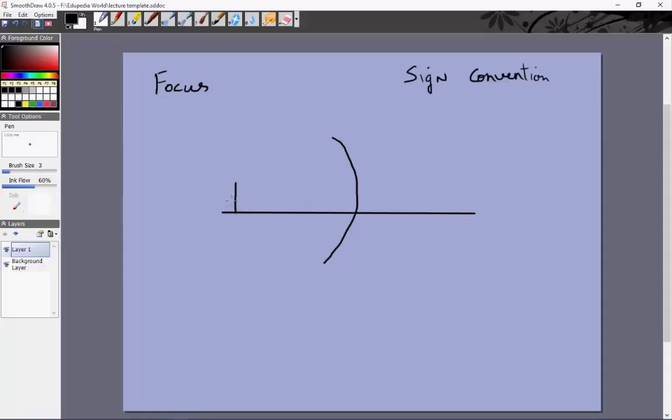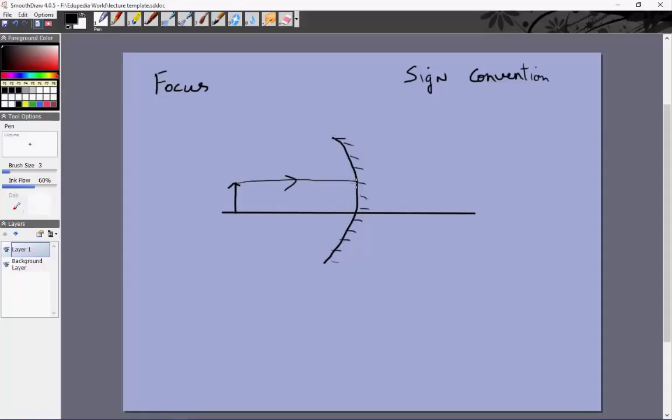Let's say you have an object like this and incident rays go like this. We'll learn how to draw the image properly in a second, but right now we're focusing on the signs we'll use to make our formulas easier. Now, if the object is placed on this side and rays go here, then this has to be a concave mirror. If this was a convex mirror in which the right side was reflecting, then we would have kept an object here.